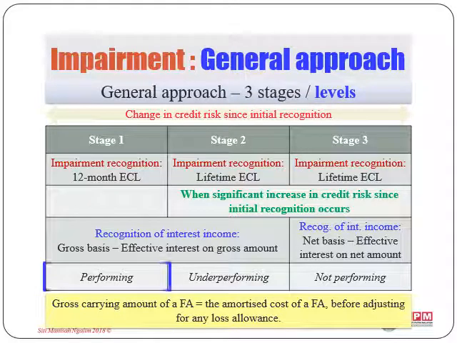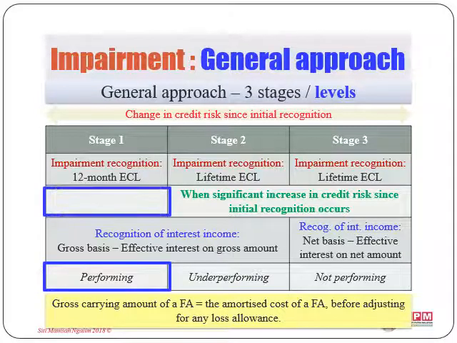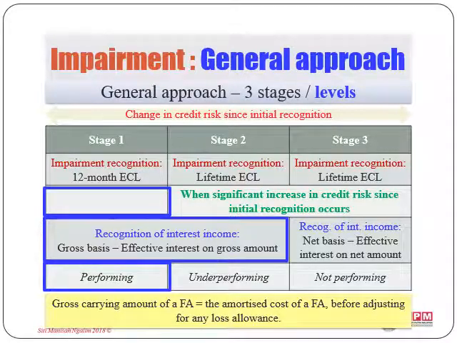In stage 1, where the financial assets are known to be performing as stipulated in the contract, the increase in credit risk is not significant. For this group of financial assets, whenever we recognize the interest income, we shall base it on the gross amount. At the end of the financial year, we are required to assess its 12-month expected credit loss to calculate the loss allowance.